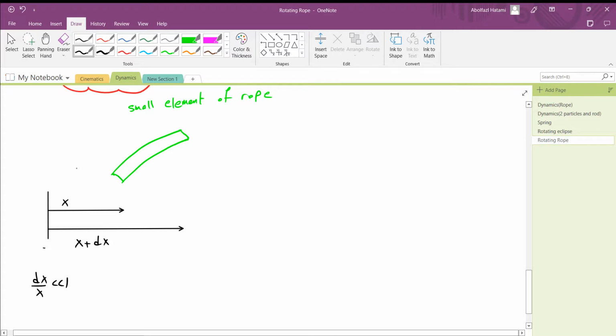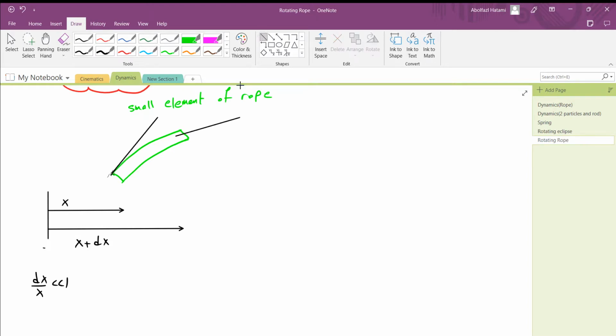So you can consider that we have a tangent line here, and also a tangent line here at the point x plus dx. Sorry about the bad line.